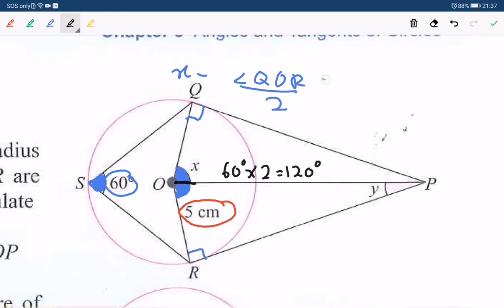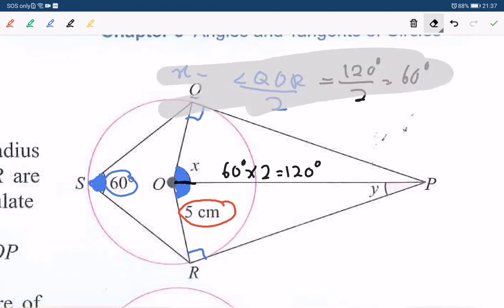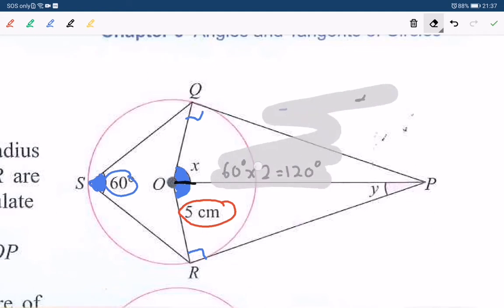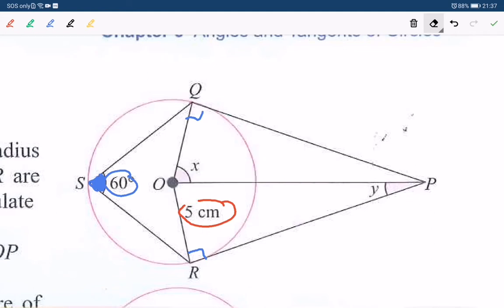So QOR is 120 divided by 2, and then we will get 60. So we get X equal to 60. Okay, next we move to the second question. So we get X equal to 60 already. So X equals 60, down here equals 60.